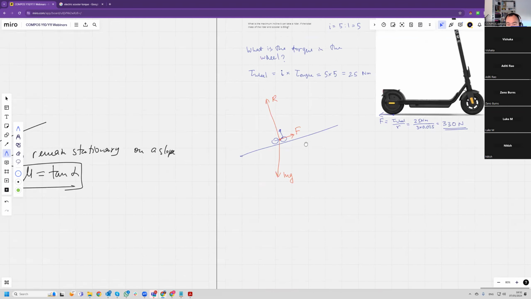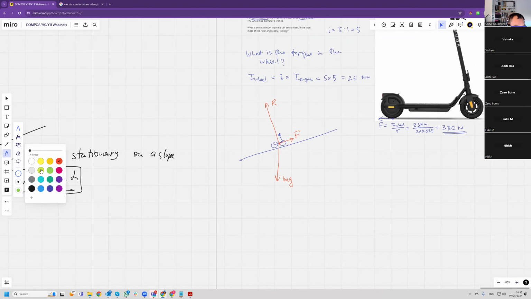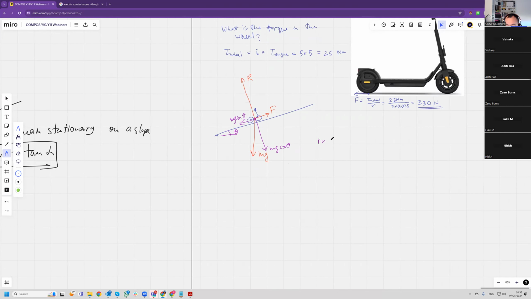The mg force splits into components: mg sine theta and mg cos theta. In order to go up the slope, the force has to be greater than or equal to mg sine theta.